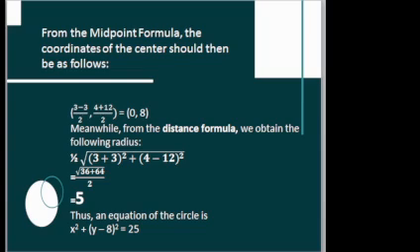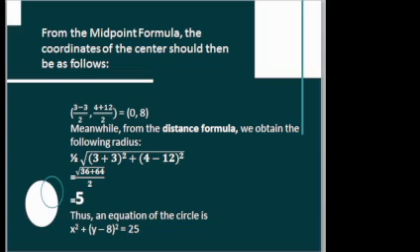So from the midpoint formula, the coordinates of the center should then be as follows. We have (3 minus 3) divided by 2, and (4 plus 12) divided by 2.